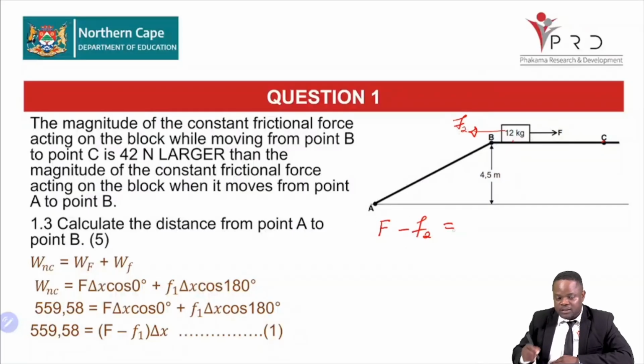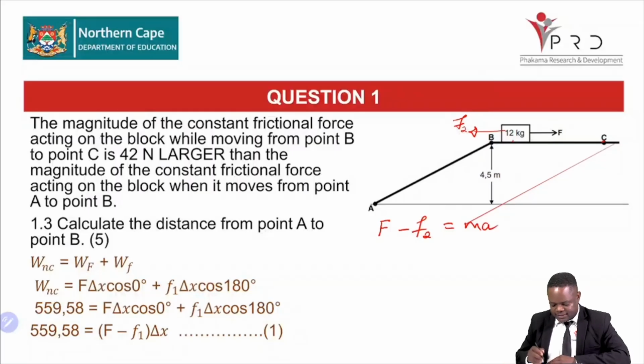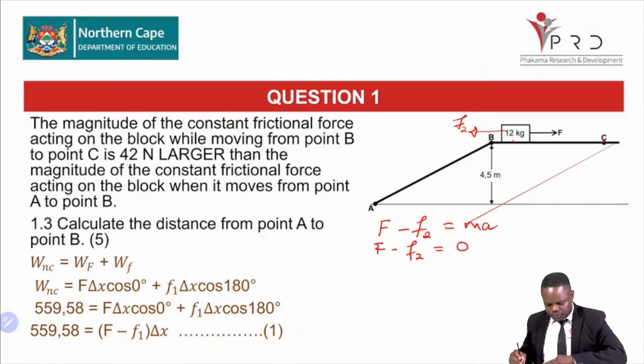And we know that in accordance with Newton's second law, this is going to be equal to the mass multiplied by our acceleration, ma. But since our object is moving at constant velocity, it means your acceleration is going to be 0, which gives us F minus F2 is equal to 0.